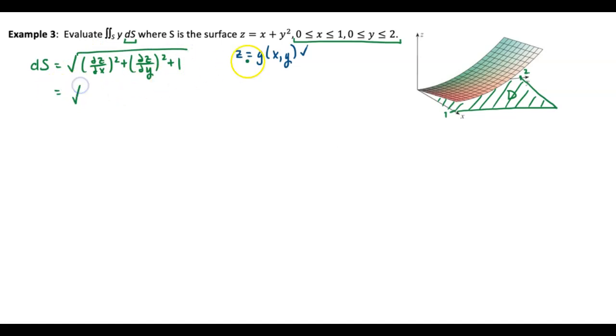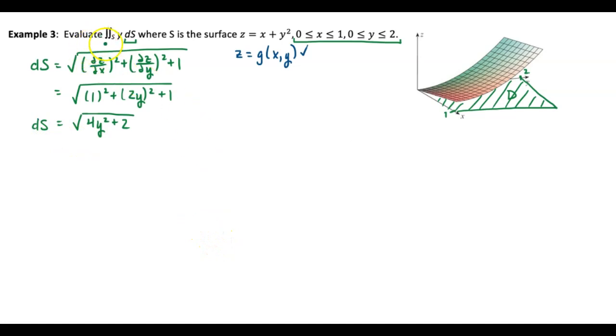The partial of z with respect to x, just the derivative of x, is just 1. So this is going to be 1 squared plus the partial derivative of z with respect to y. Well, the derivative of y squared with respect to y is 2y. So that'll be 2y squared plus 1. We can call this 4y squared plus 1 plus 1. So I'm going to call that the square root of 4y squared plus 2. That's our dS.